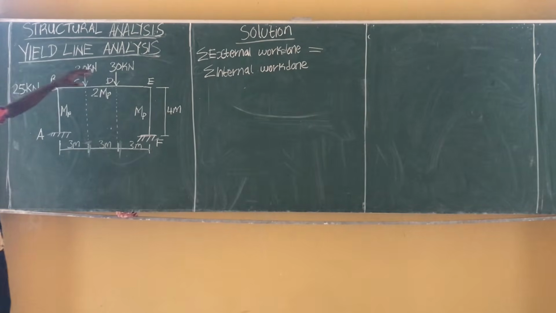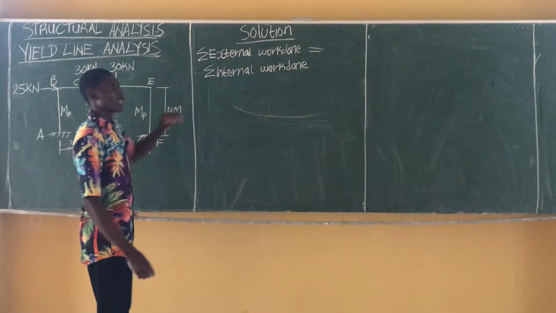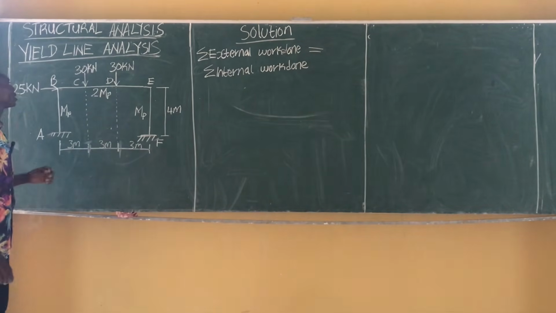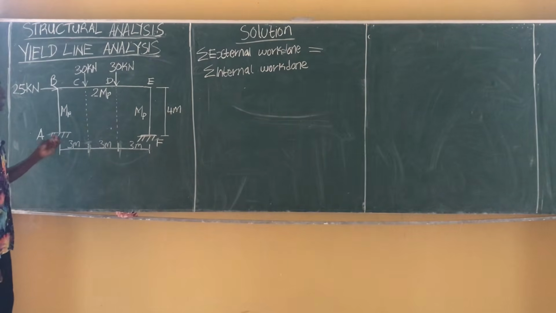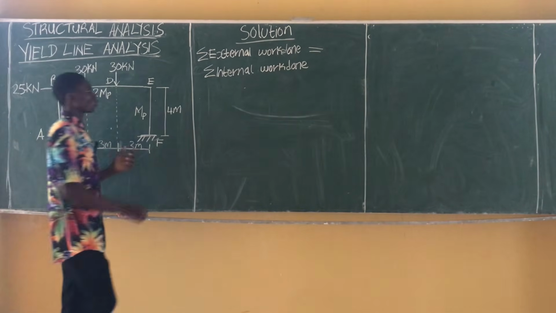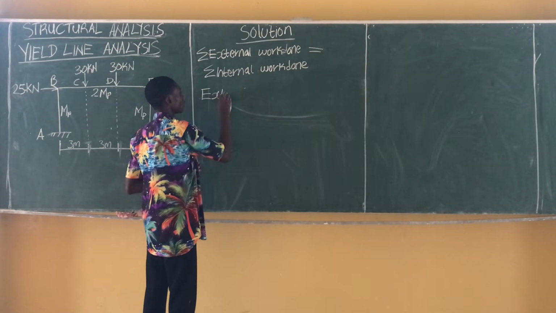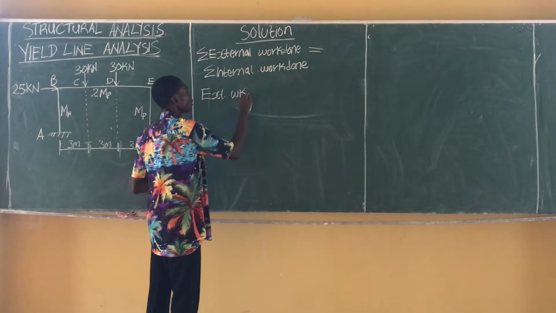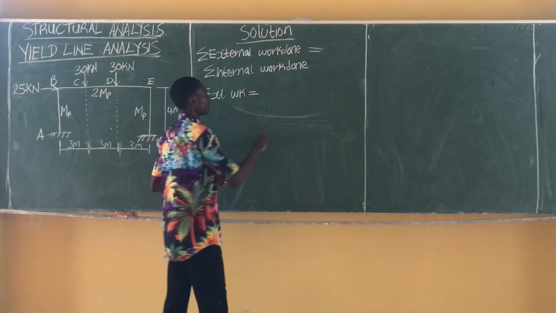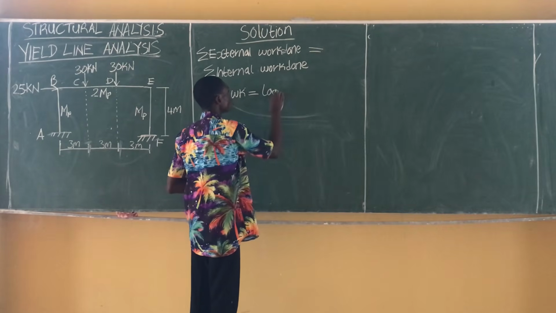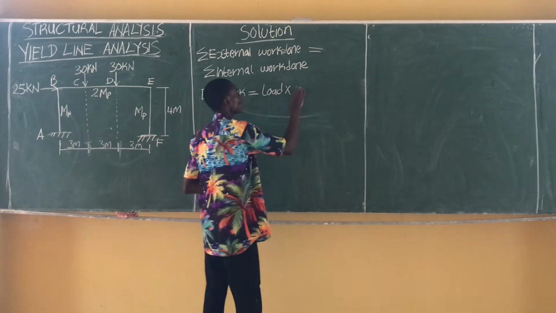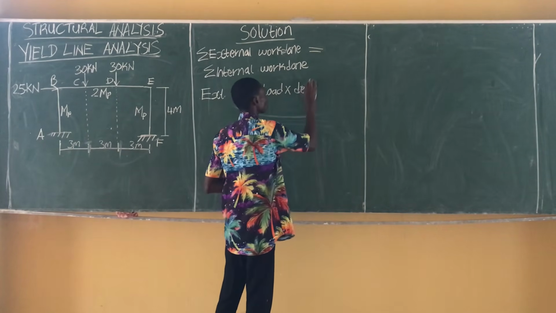How do we get our external work done? External work done is simply the load times the deflection. So we should all know that external work done at any point is simply equal to what? The load times the deflection.